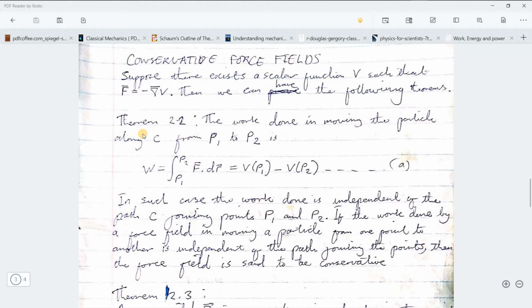One of the theorems we can have is theorem 2.2, where we've said that the work done is equal to the potential at P1 minus the potential of the particle at P2.